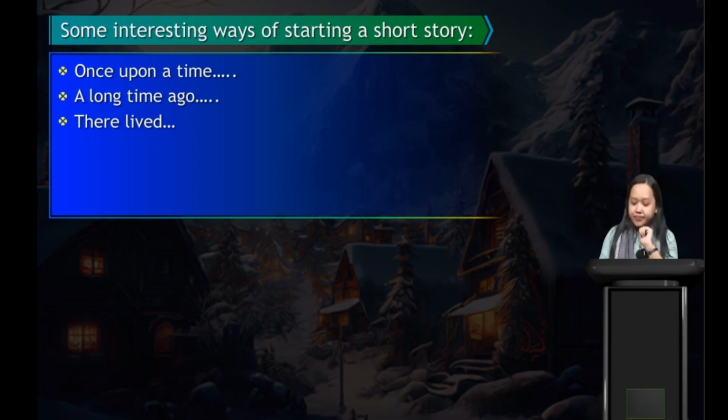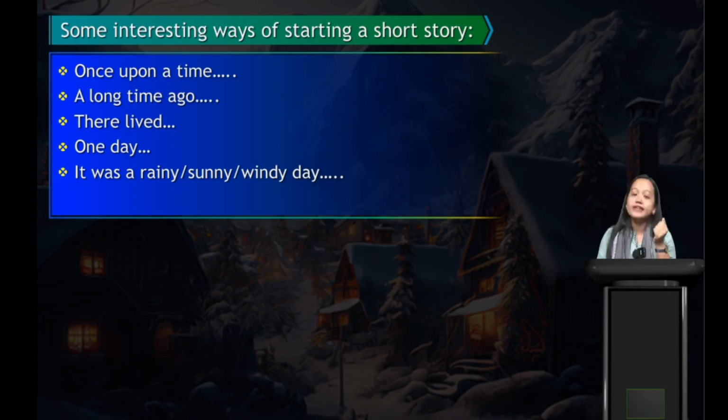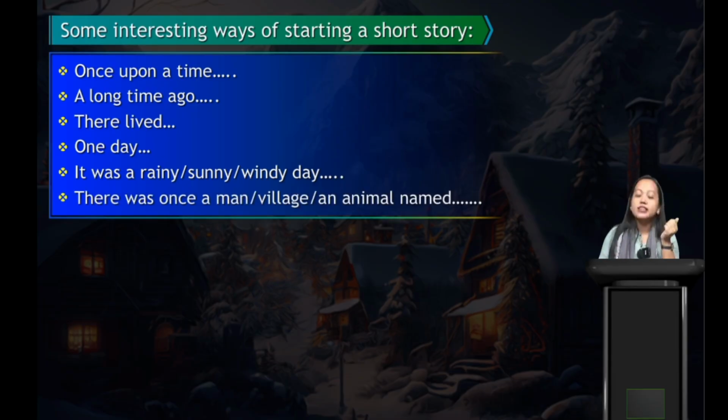This is also a very good way to start a story. Next, one day this thing happened with me. A monkey, right? Next, it was a rainy day. You can start with: there was once a man, village or animal named. Okay, so that's how we can start our story.